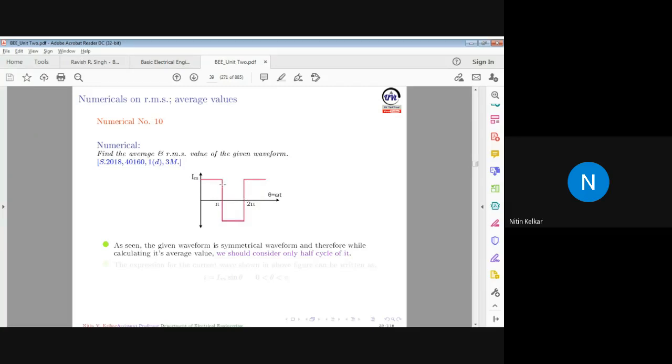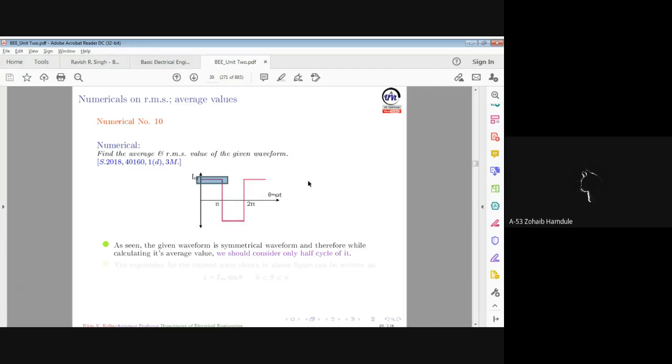To write down the equation for the given waveform, first I need to write down the equation for this first section. What is the equation for a line which is parallel to the x-axis?